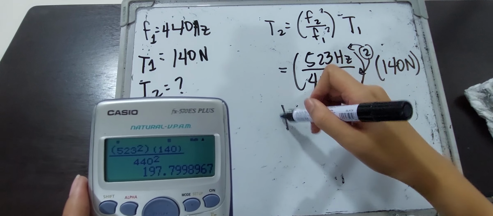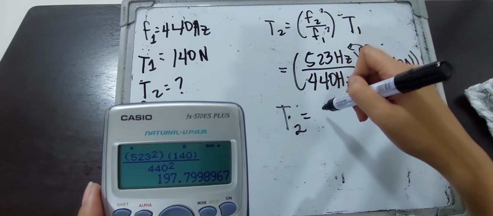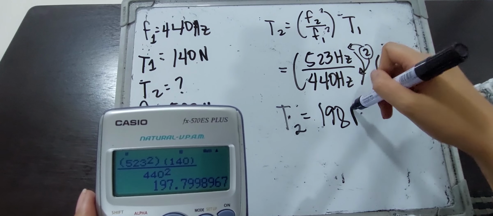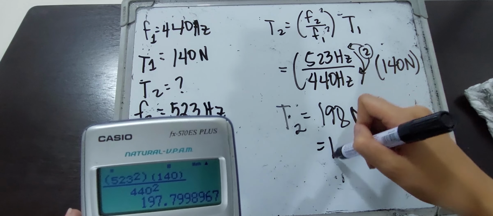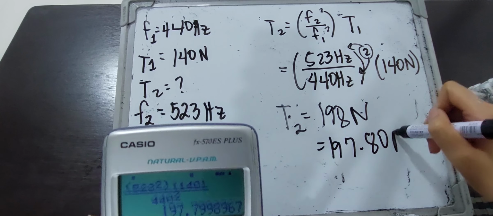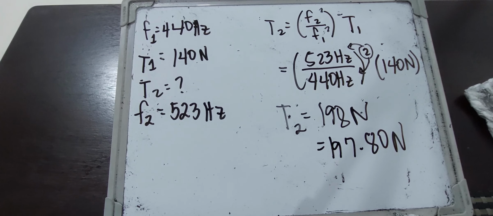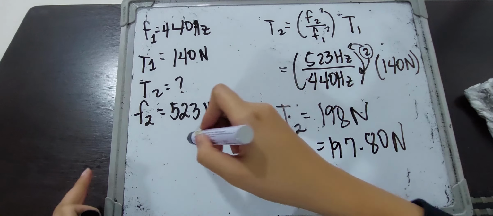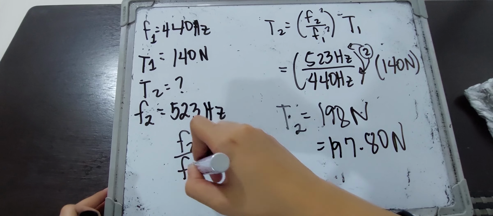So, our tension 2, or the tension, should be 198 Newtons, or 197.80 Newtons.